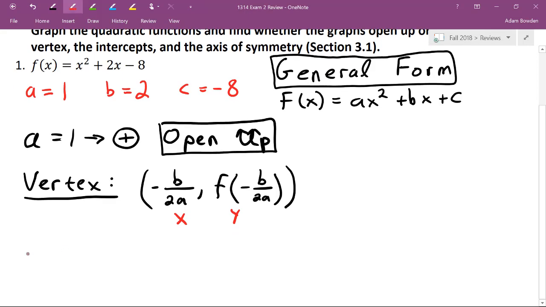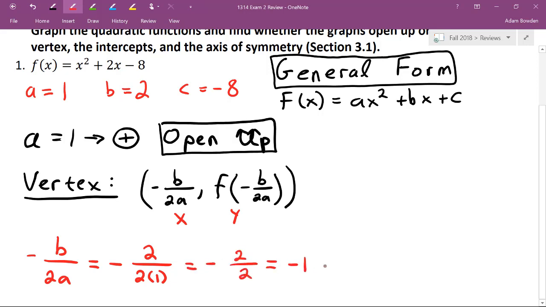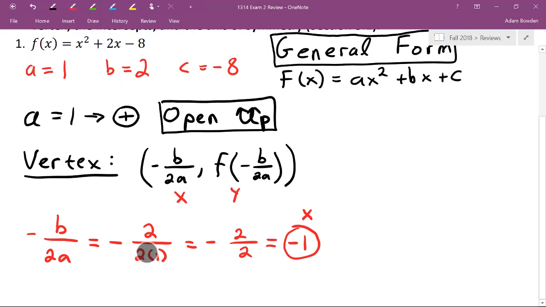We'll start with the negative b over 2a. For our numbers, that would be negative 2 over 2 times 1, which would be negative 2 divided by 2, or negative 1. This is the x part of the vertex.